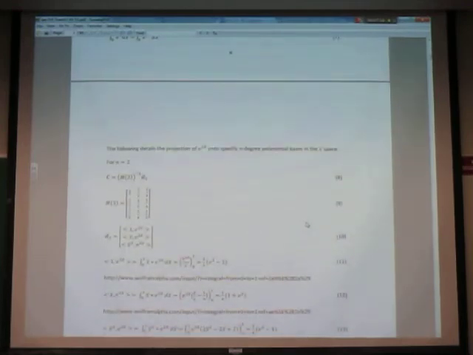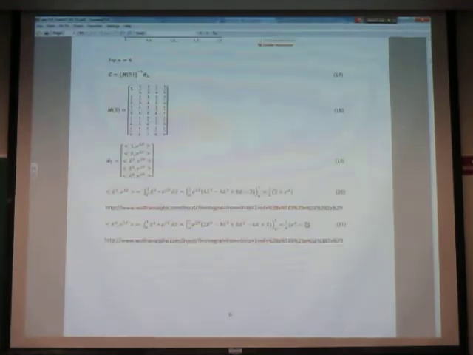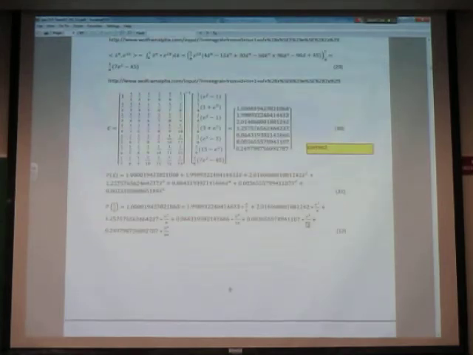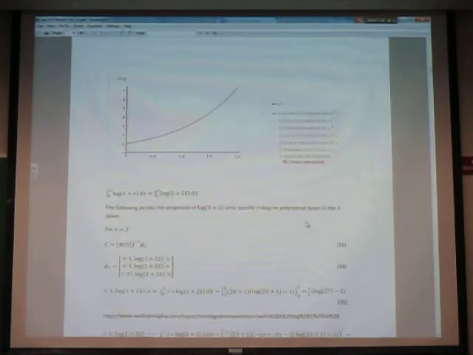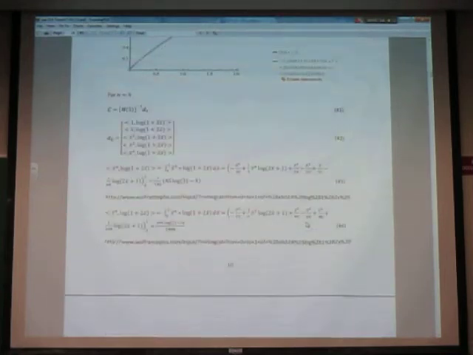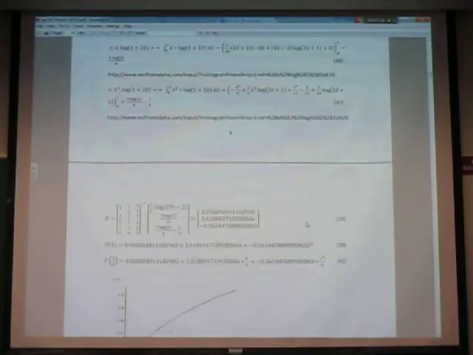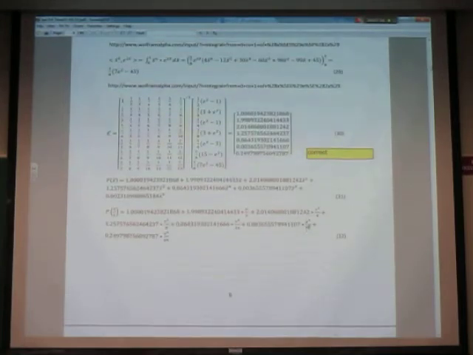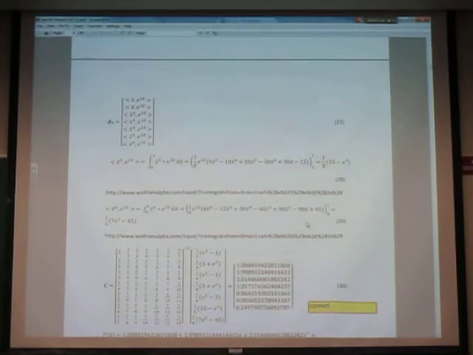Okay, so I think that's the exponential. Okay, the exponential function. Let me see here.